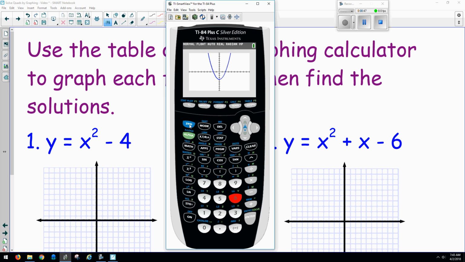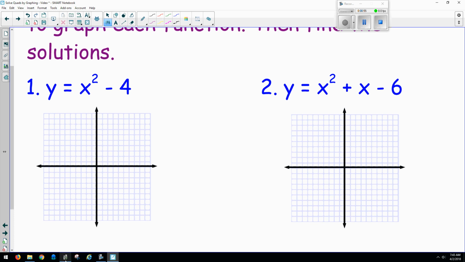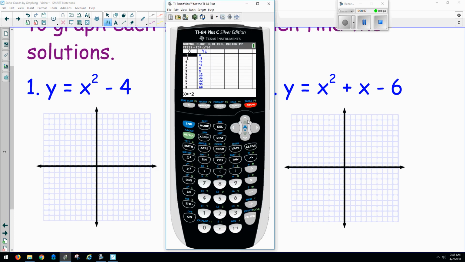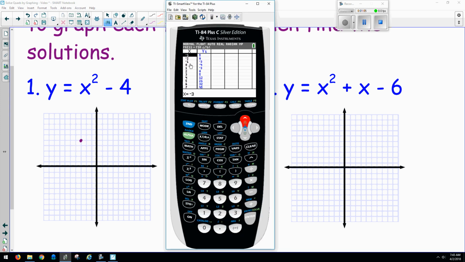And we're going to use our table of values to graph this function. So just getting a few points here. Scroll this down. Okay, so let's see. We can graph negative 3, 5, and negative 2, 0.